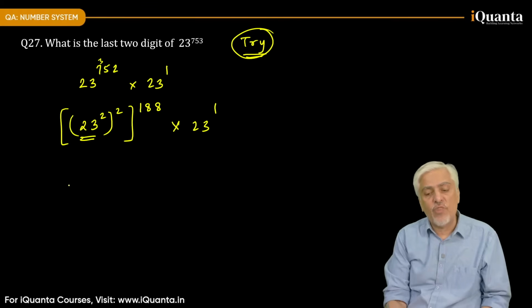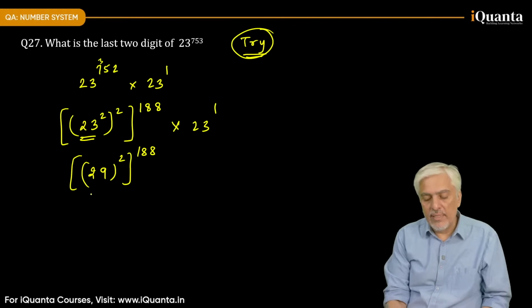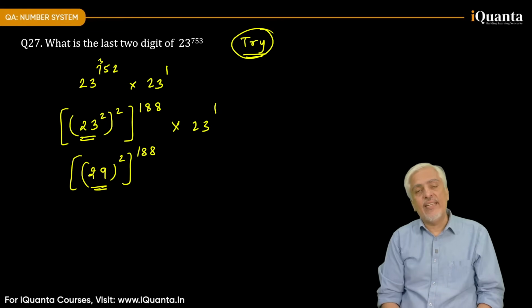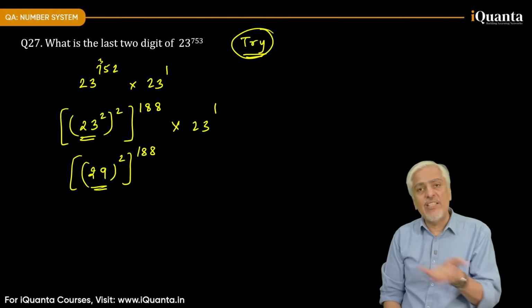23 square is 529. So this ends in 29. या तो 29 square orally आता है या तो 50 से 21 दूर है. 21 square orally आता है, कुछ भी.